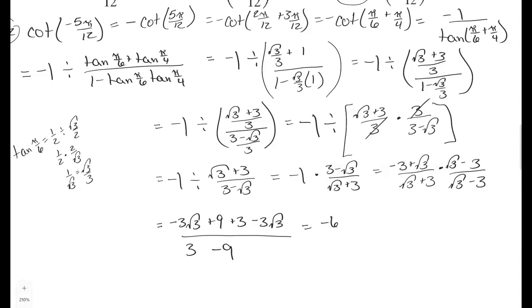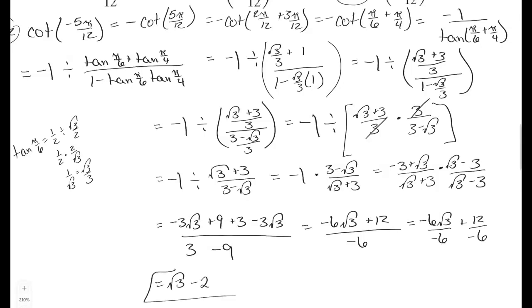So I have -6 square root of 3 plus 12 over -6. And then I'm going to think about splitting that numerator so I can simplify. So I'm going to get square root of 3 minus 2 here for that value.